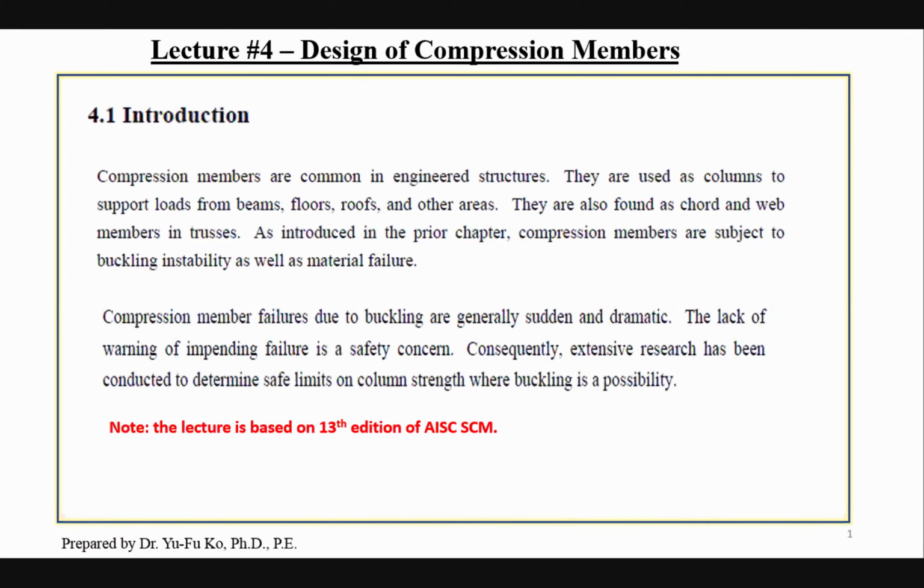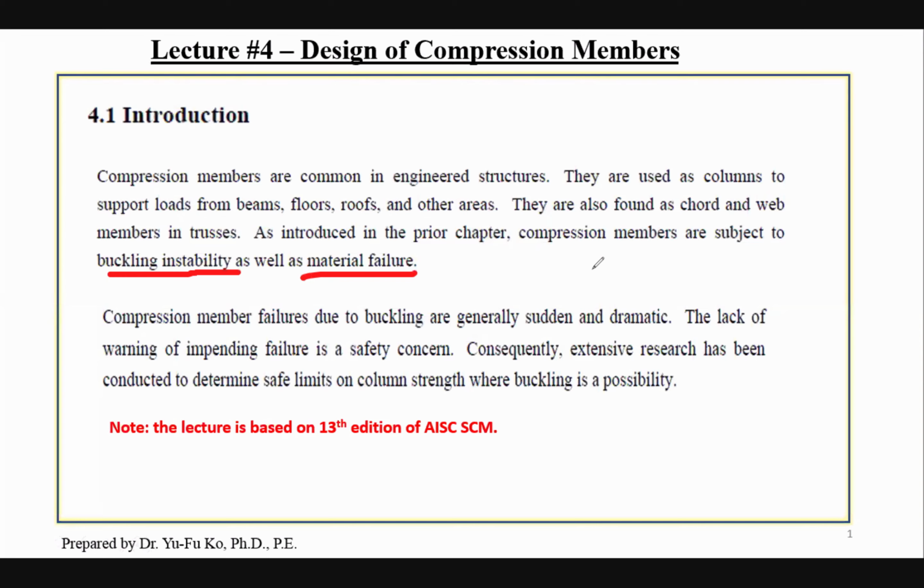So there are two different failures you can observe in compression member, which is buckling and yielding.